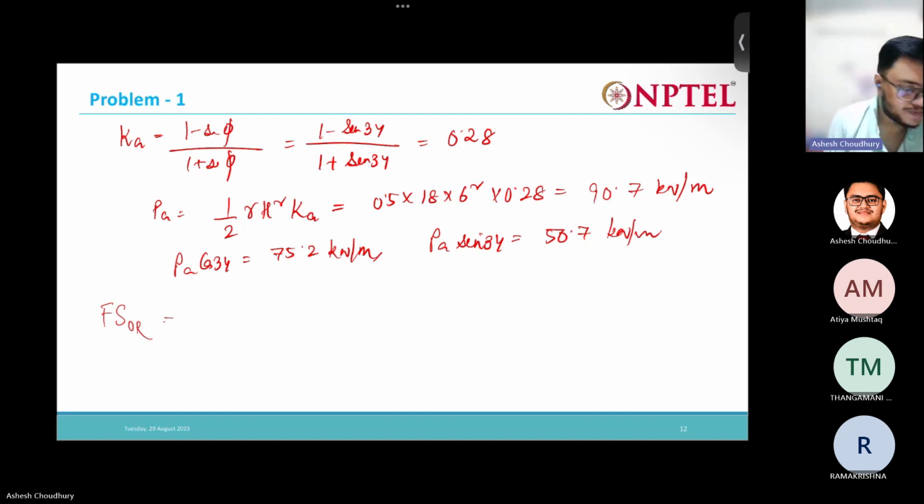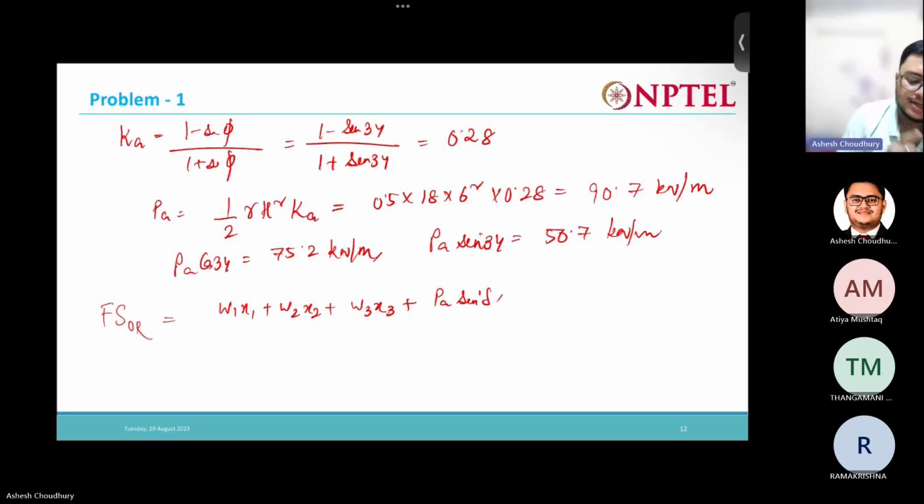So the resisting moment will be W1 x1 plus W2 x2 plus W3 x3 plus PA sin delta times the lever arm. Wait, I will explain one by one. Let me just write it down.